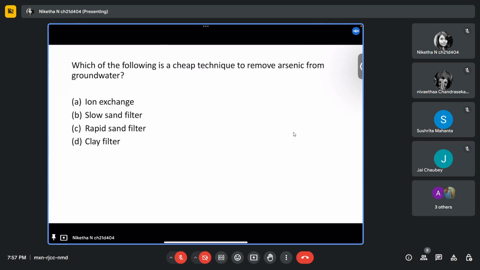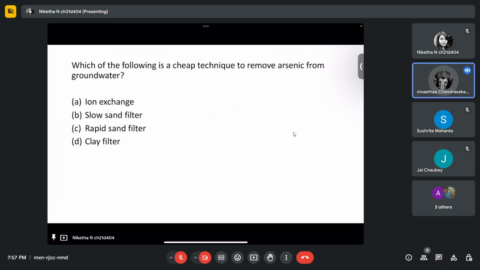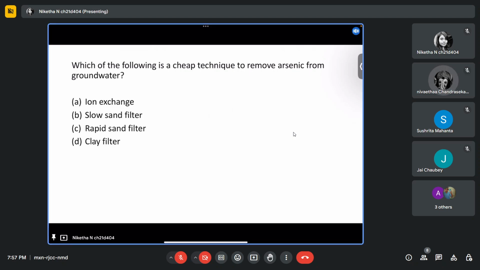Okay, the next question. Which of the following is a cheap technique to remove arsenic from groundwater? Any answers? Ion exchange. No. We saw that ion exchange is used for removing which type of pollutant?